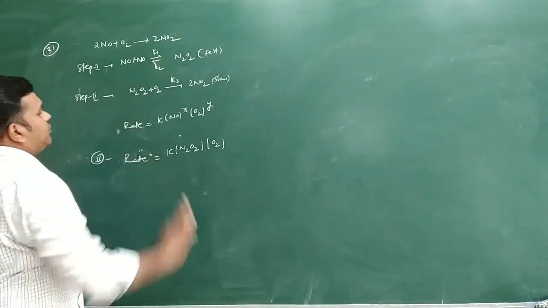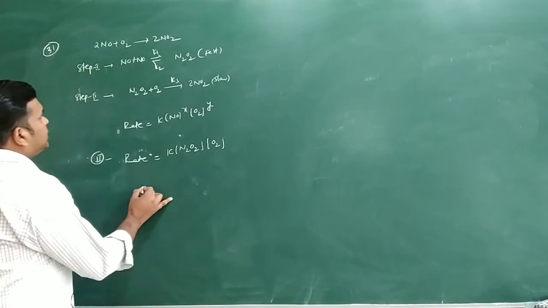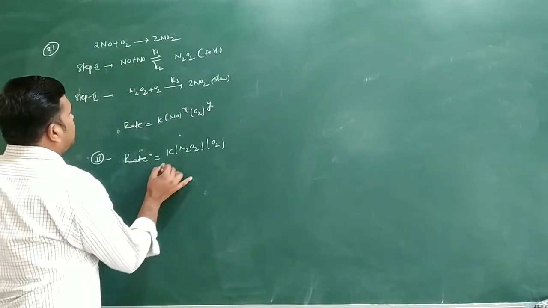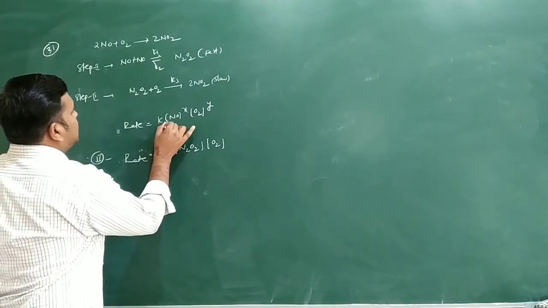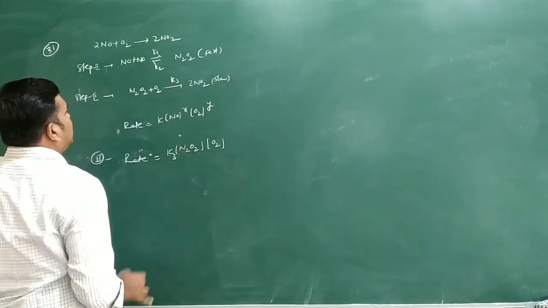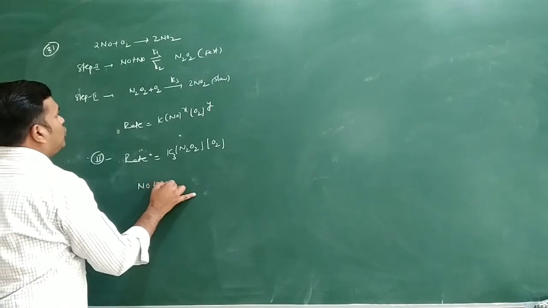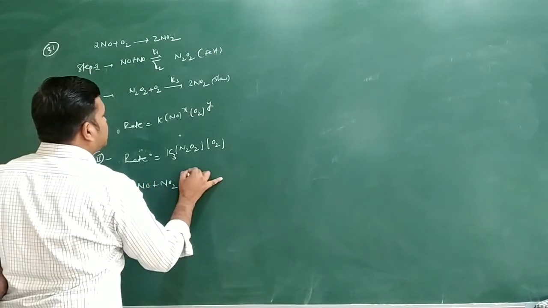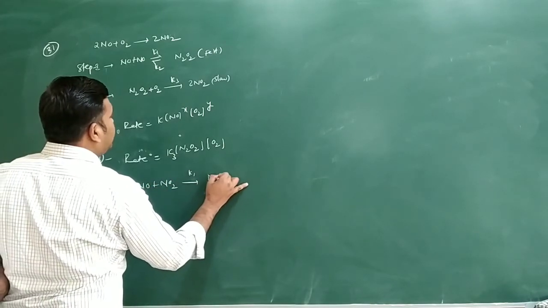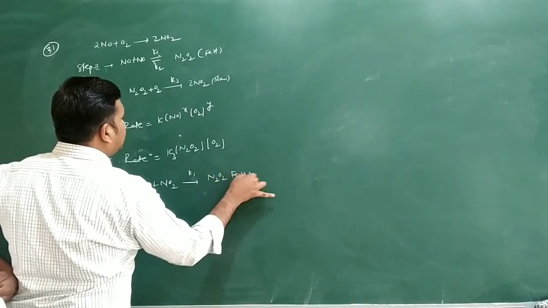You will see this equation. What are the equations we have? The first one is given here with K3. So the other equation we have is NO plus NO, which gives rise to N2O2 with K1. This is the first step.